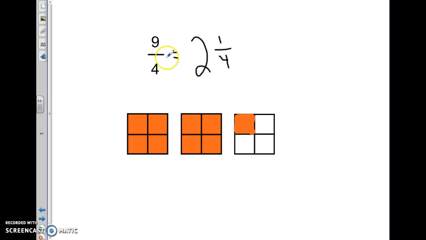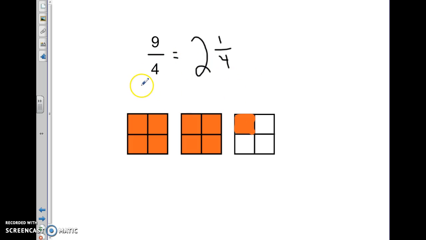So it's 9 divided by 4, right? Well, how many times does 4 go into 9? If I'm counting by 4s, I've got 4 and 8, right? It can go in 2 times, but it can't go in 3 times because that'd be 12.